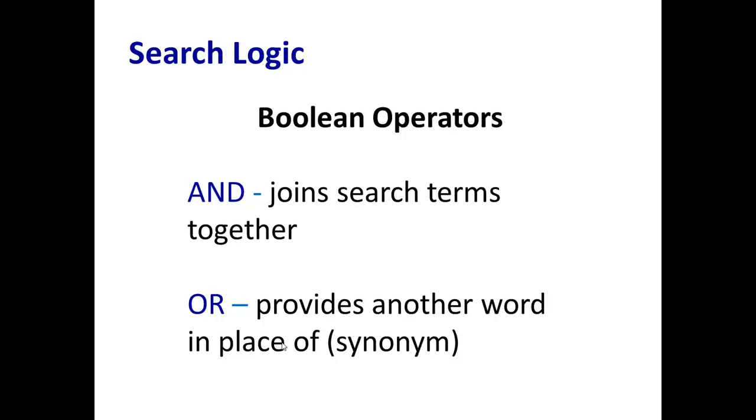If you use OR, for example, therapeutic communication OR therapeutic communication skills OR relationships, you're telling the search engine that only one of these terms needs to be present in the results that it yields. So it's important that you make sure that you are aware of these when you're looking for particular results.